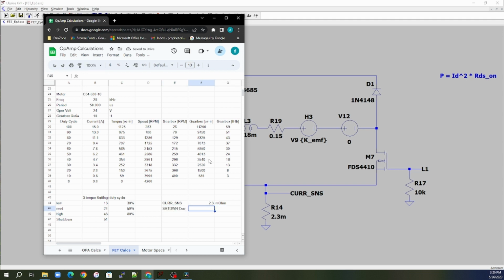We're going to have that 51 is 13 amps. Then shutdown voltage, that's just simply Ohm's law, V equals IR. So V equals 13 times our milliohms, 10 to the minus 3. So there we can see our shutdown voltage will be at 0.03 volts.